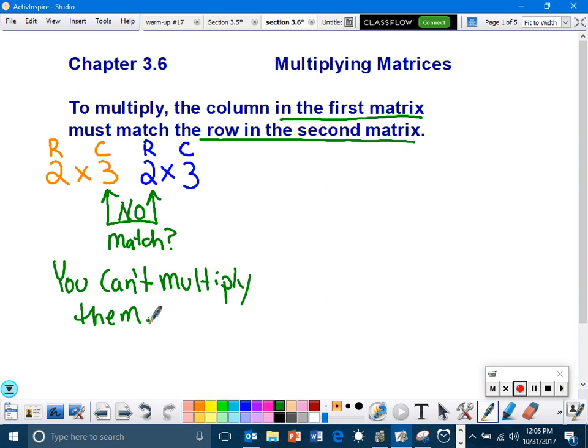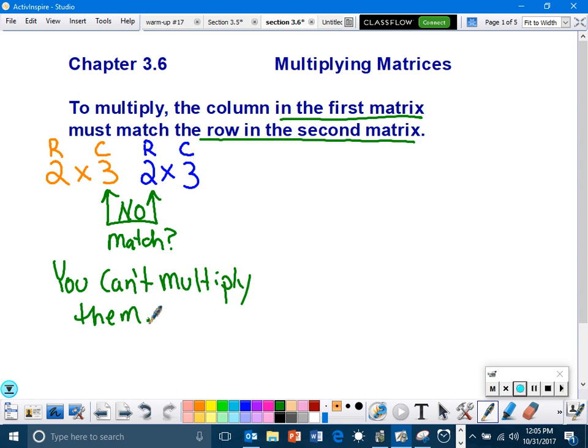It's not possible to multiply them. You could add or subtract them because they match, but multiplication is a different rule. The column and the row must match, but they do not.